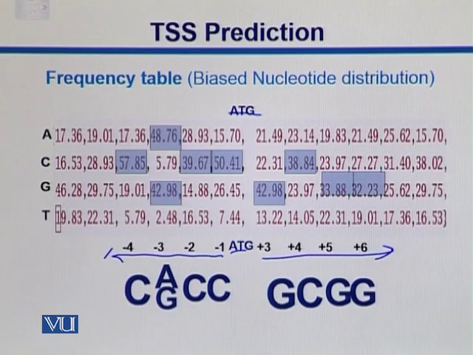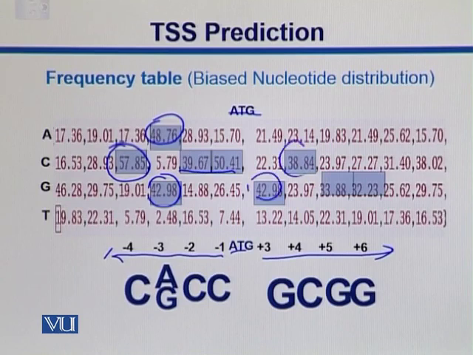If we look at -4, we see there are more C's compared to the rest. At position -3, A and G are somewhat comparable, and then we have C's here. If we look at +3, we have G's, C, and again G's here. So this is how we can come up with the frequency of some nucleotides around these start sites.